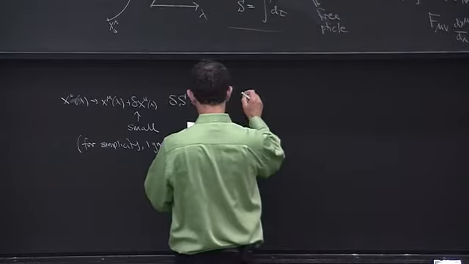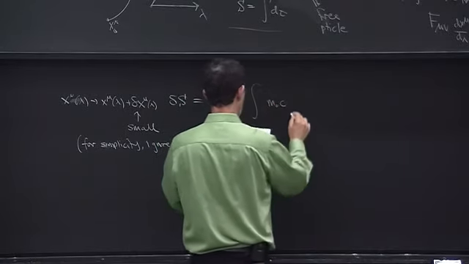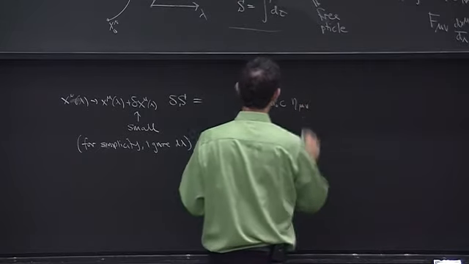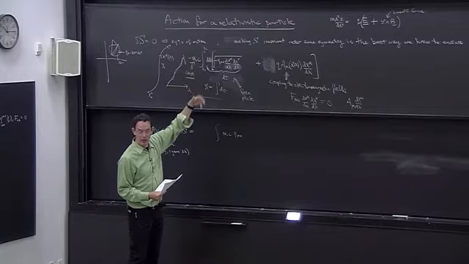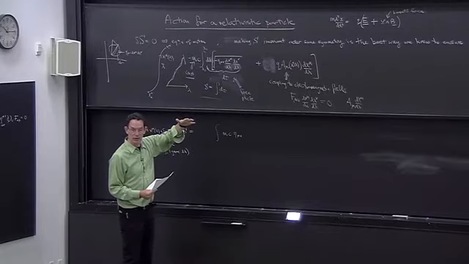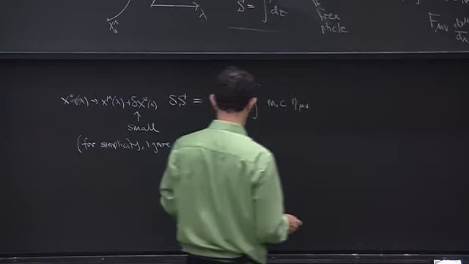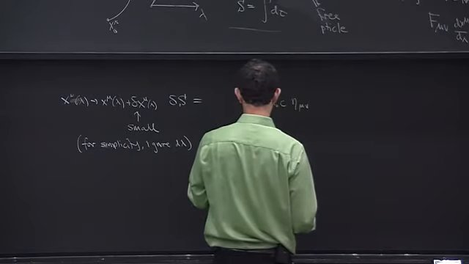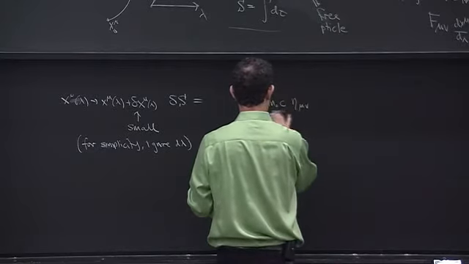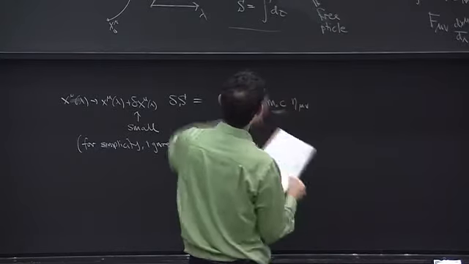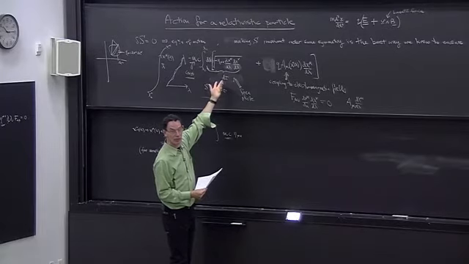And so the variation of the action is the integral of m naught c. So I've got to vary that square root. When you vary a square root, what you get is the variation of the argument divided by the square root times a factor of a half. But when I vary the argument, it's a square, so I'm getting a factor of 2.